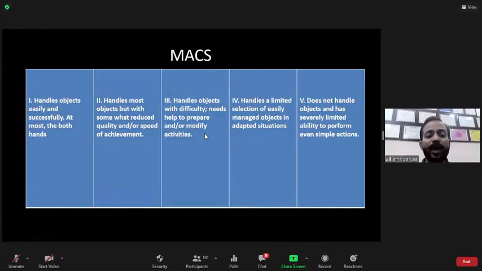Why 1 and why 2, why 3, why 4? What's the difference? So in level 1, definitely the kids can use any kind of object or manipulate any object with both hands, whatever we are using to do that. So they handle objects easily, and even they can finish their task. What about level 2? They can manage, but the quality or the pattern is something different.